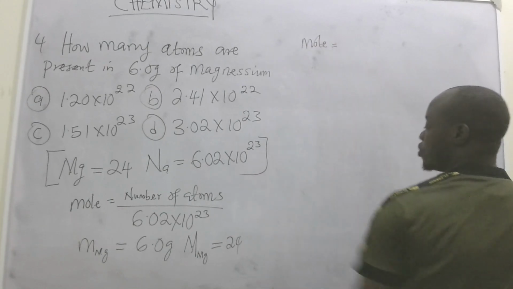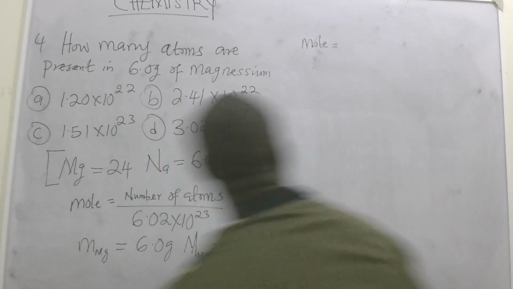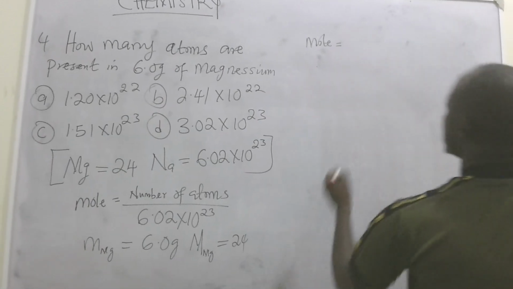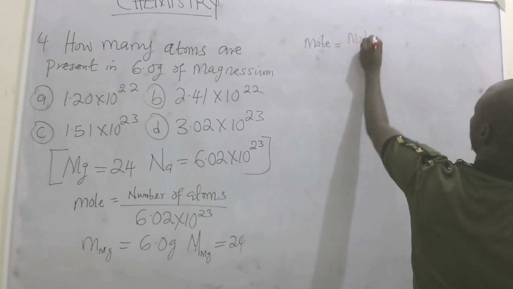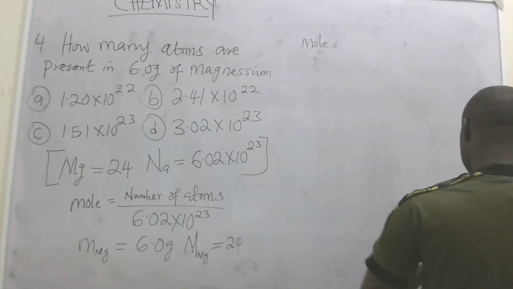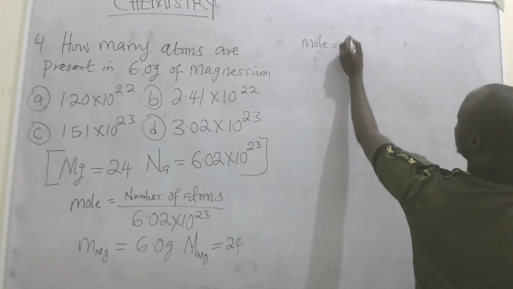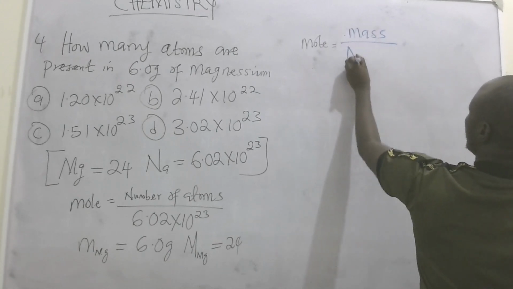How are we going to calculate the mole? Since we know our mass is 6.0, we apply the formula which says mole is equal to mass all over molar mass.